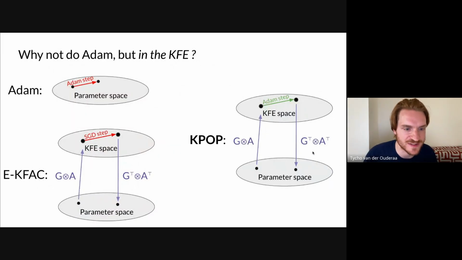You do this transpose, you multiply it with this matrix, and we say that adding this preconditioning, this transformation before and after Adam, is much better. And we show in our experiments that we get an algorithm that converges better. You get a lower loss faster than Adam.